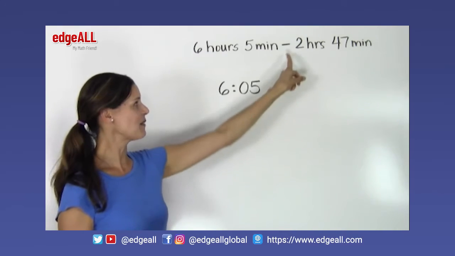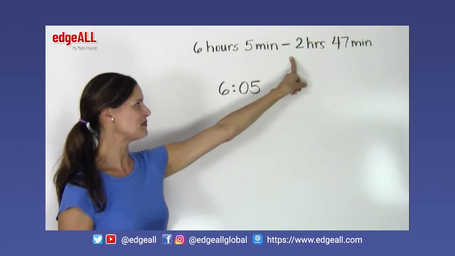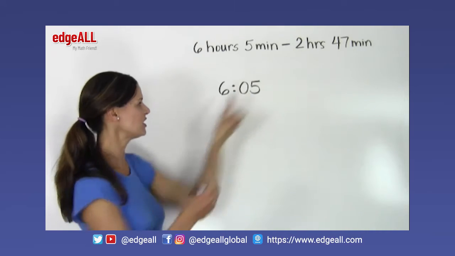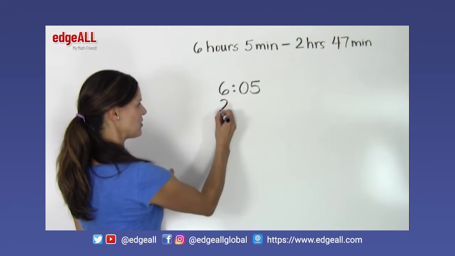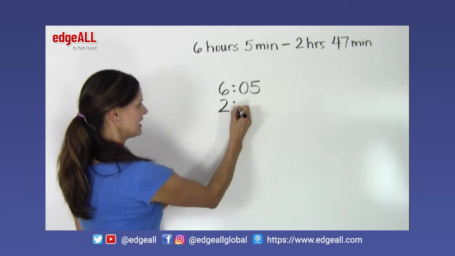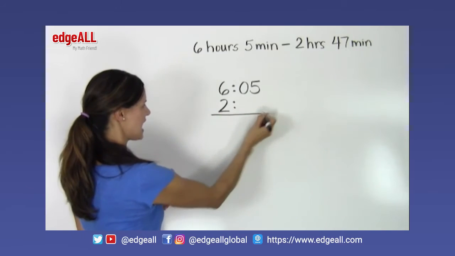And then I want to make sure and line up correctly. My 2 hours needs to go directly below the 6. And then my symbol there for time.